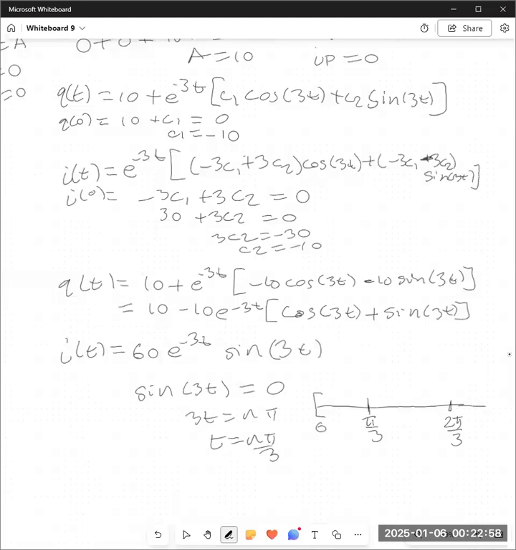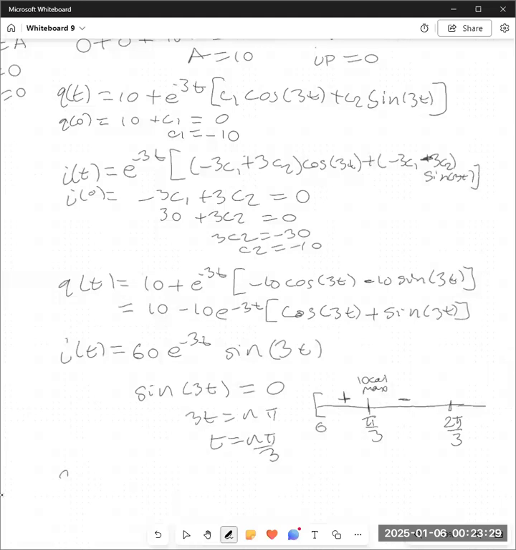And so between 0 and pi over 3, this is always going to be positive. It's not going to change the sign of this. So sine between 0 and pi is a positive value, so I'm increasing here. And then pi to 2 pi, that's negative, increasing, then decreasing. So there's a local maximum here, and that's going to be what I'm looking for.